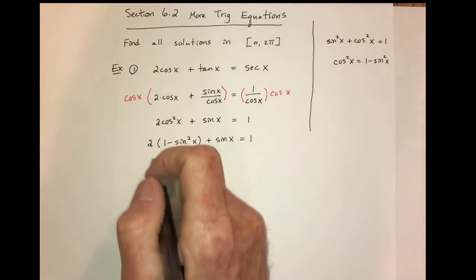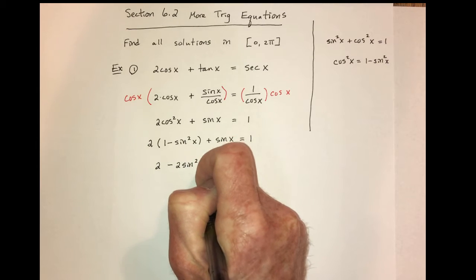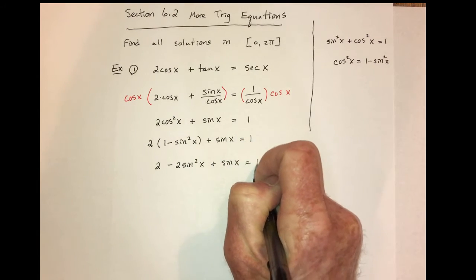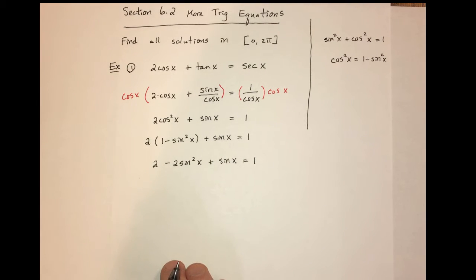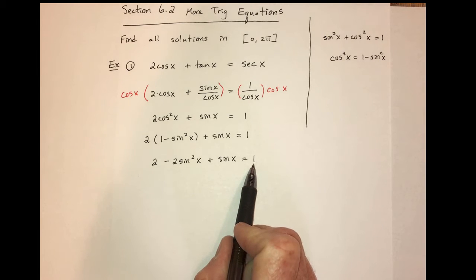And then distribute the 2. And now make it equal to 0. So subtract 1 from both sides.